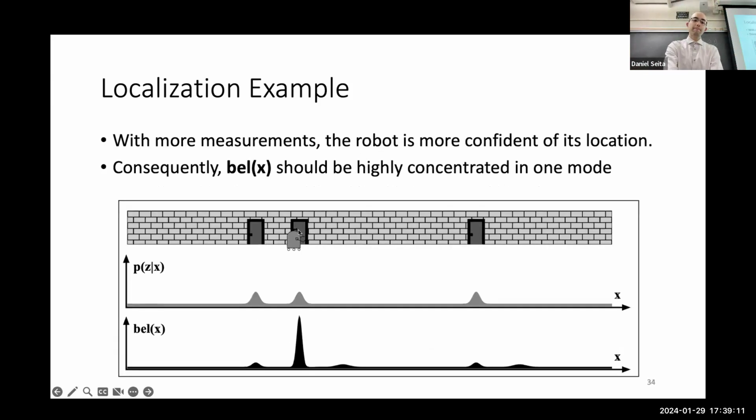This one is higher because if the robot just moves right and then sees that it's adjacent to another door, then it's more likely that it went from here to here instead of from here to here. Again, there are some assumptions here that you could argue may not be true. We'll try to make the assumptions clear to you if we ask you something like this. All right, any questions?